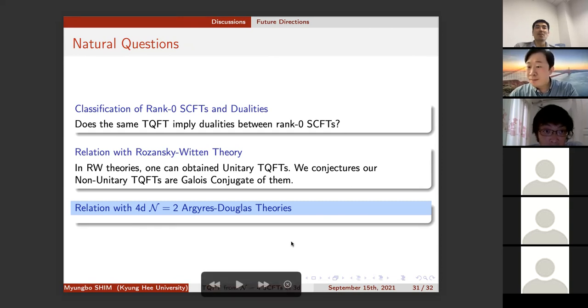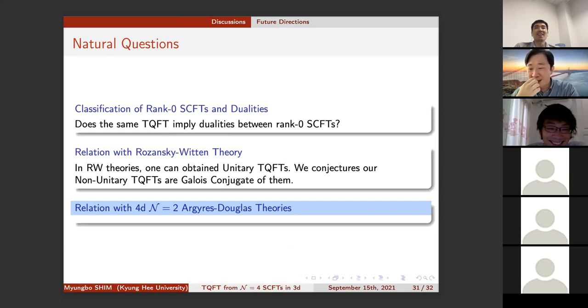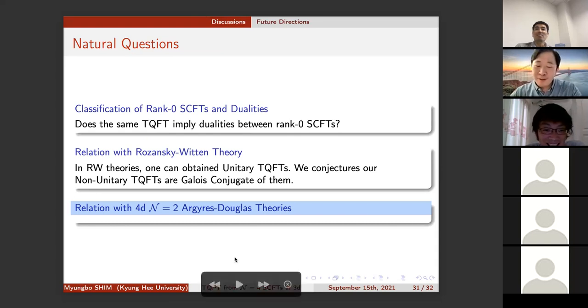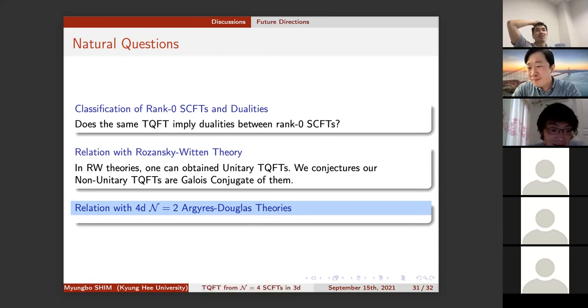Do you understand what I mean? I try to. The 3D N equals 4 U(k) theory with an adjoint hyper and one fundamental hyper.